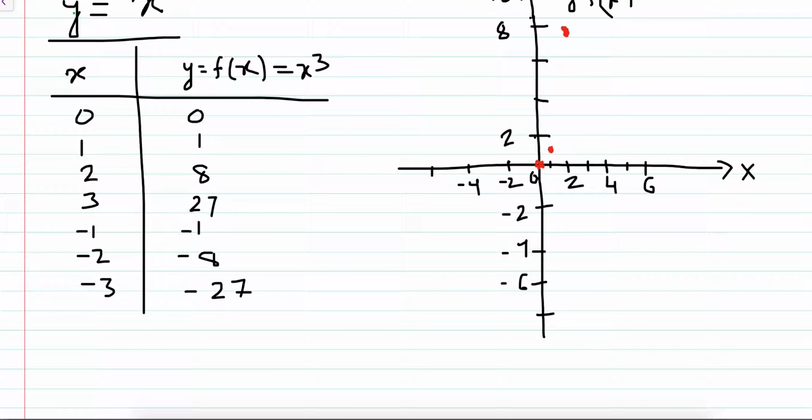Now I take some negative values. For -1 it's -1. For -2 it's -8, so it will come here. And for -3 it will be some value way below here. So now I will connect these.